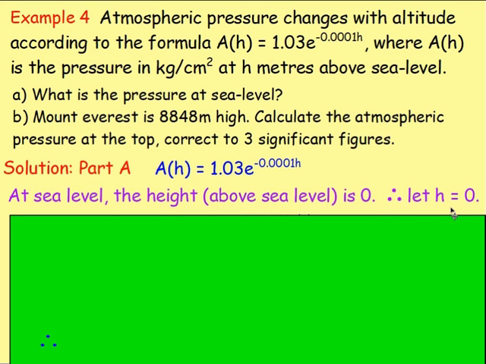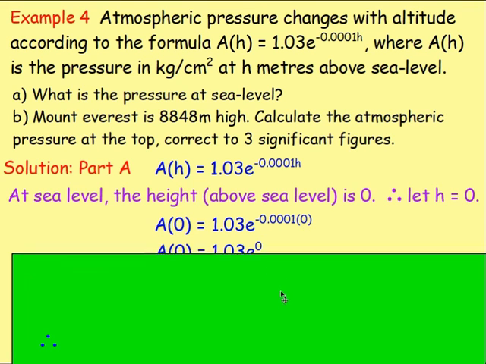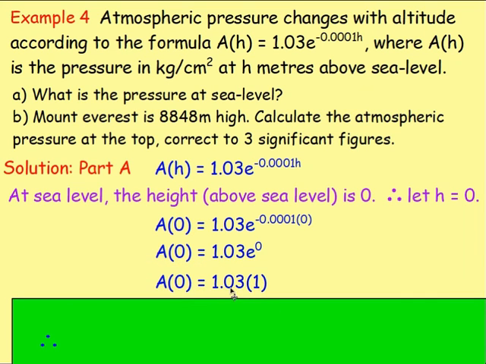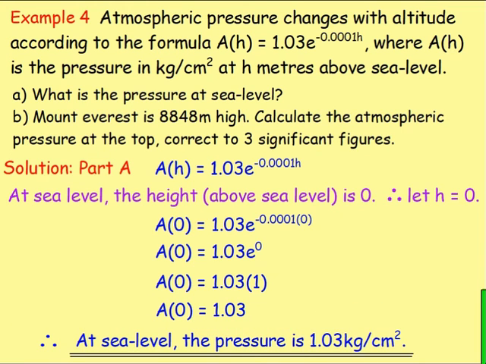So replace h with 0, so we get A(0), that's 1.03 e to the power of negative 0.0001 times 0. Work out the index: multiply this by 0 and you just get 0. e to the power of 0 is just going to be 1, so it's 1.03 times 1, which gives us 1.03. So at sea level, the pressure is 1.03, and the units are kilograms per square centimetre.